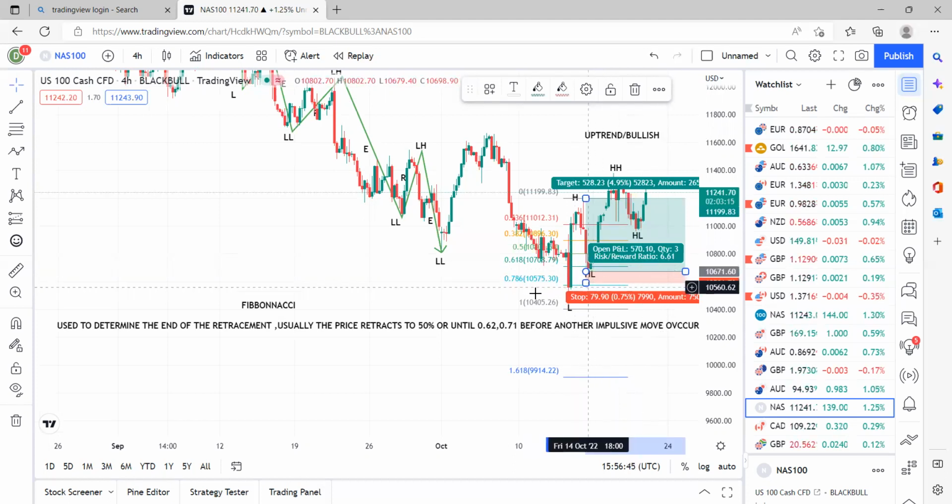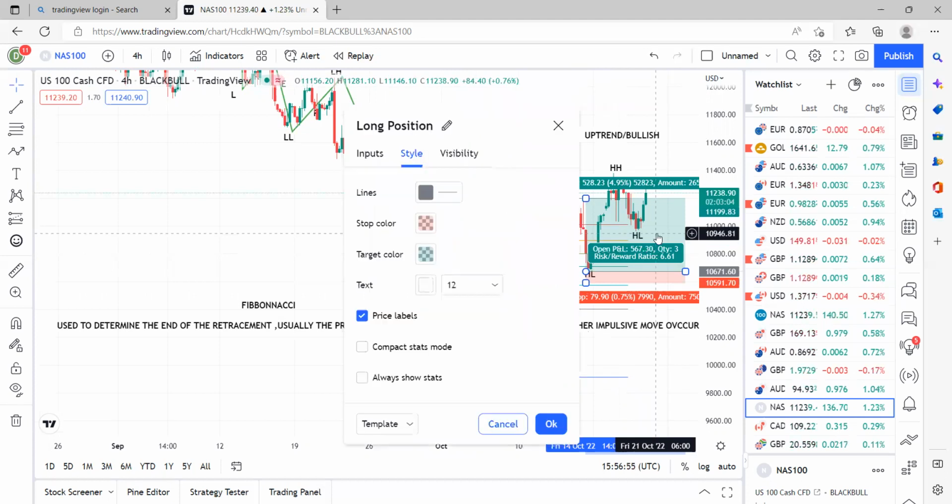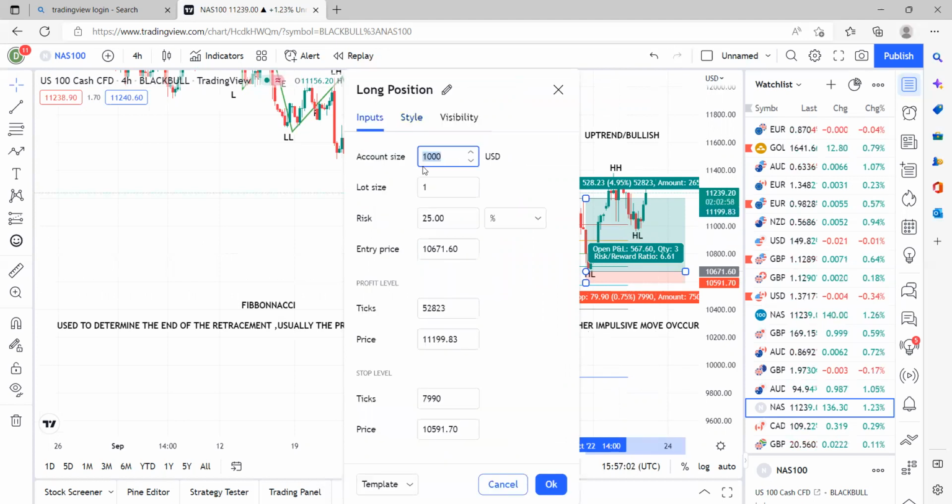double click that green and red thing, go to settings, then inputs. Now when you come here, you see where it's written risk.